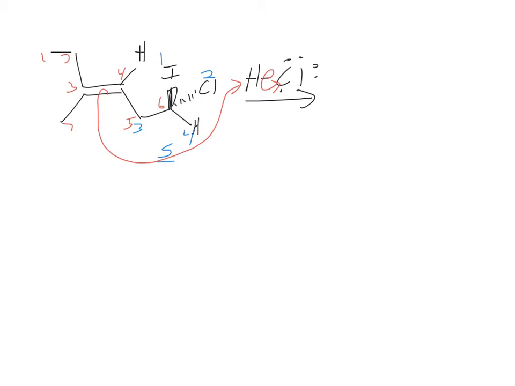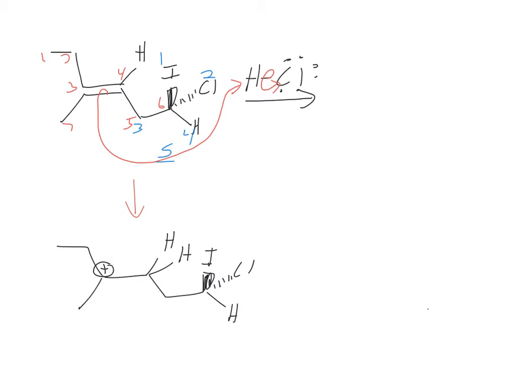Where do we want the plus charge to be? 3 or 4? So that would be 3. Right? Plus charge is on 3. 1, 2, 3, 4, 5, 6, 7.